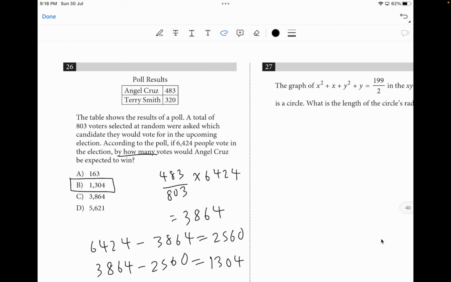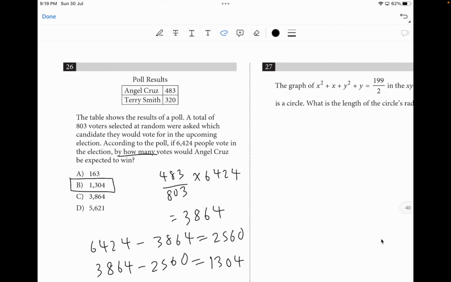So what we have done is we have multiplied the values and found the total number of people who would be expected to vote for Angel Cruz. Through the multiplication, 3,864 people would be expected to vote for Angel Cruz. Then the next step is that we subtract this 3,864 from 6,424 to find out the number of voters who won't be expected to vote for Angel Cruz.